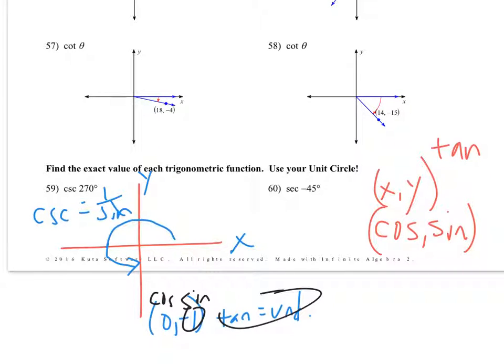So if I want the cosecant, I basically flip over the sine. If I have negative 1 as the sine, that's like negative 1 over 1. I flip it over, it's 1 over negative 1. Well, that really equals negative 1. So the reciprocal of negative 1 is also negative 1.